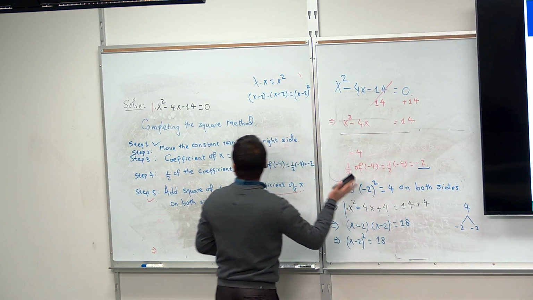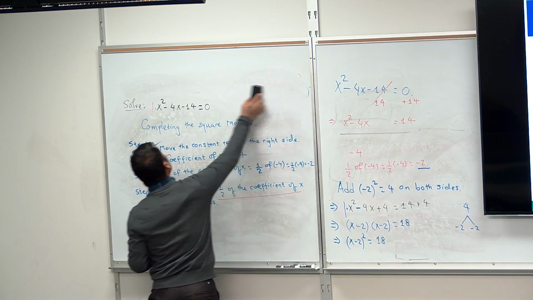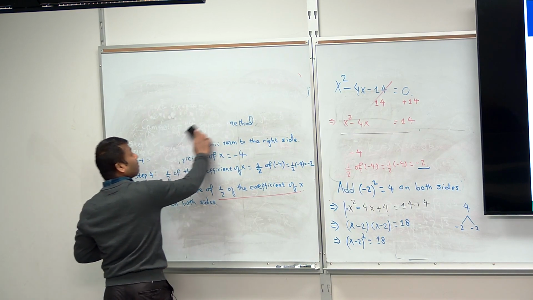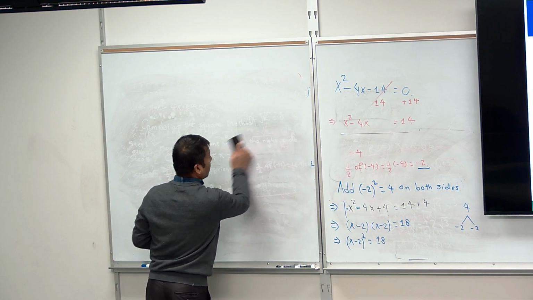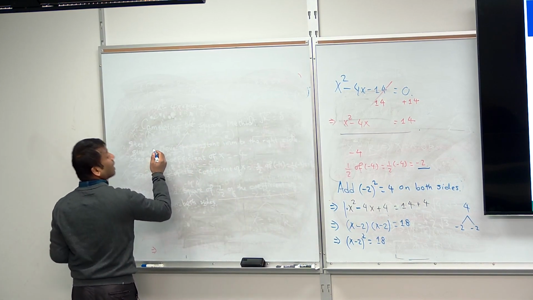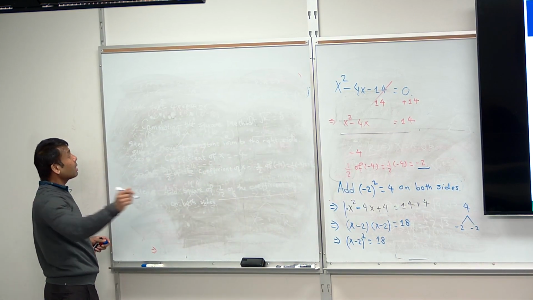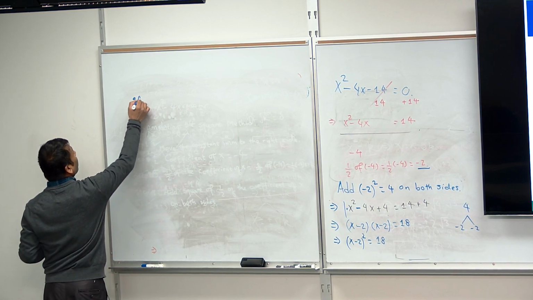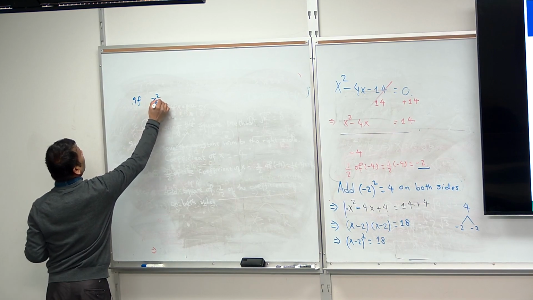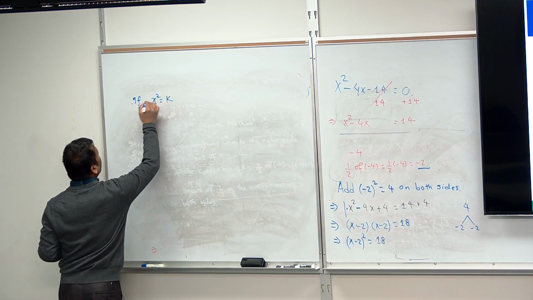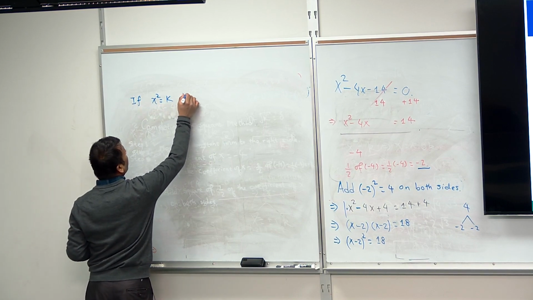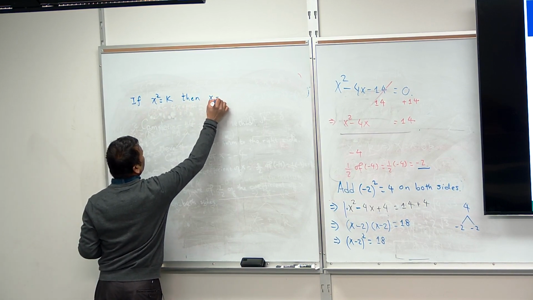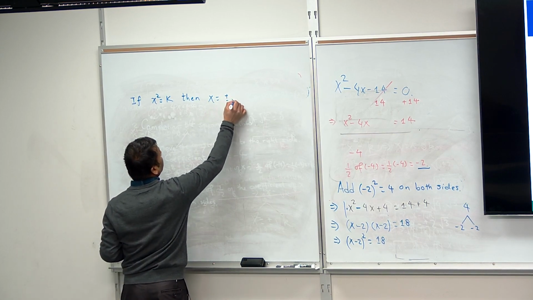Now I like to remind you of the square root property. Remember, we did that just like 15 minutes ago. We wrote down, if x squared equal to k, then x equal to plus or minus radical k.